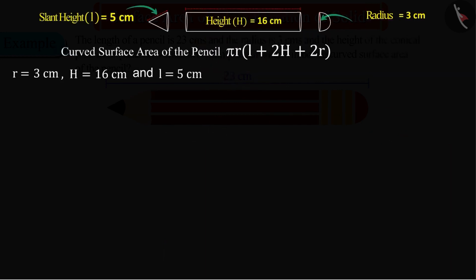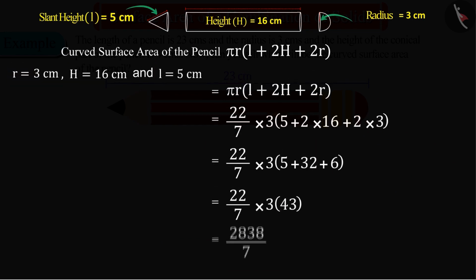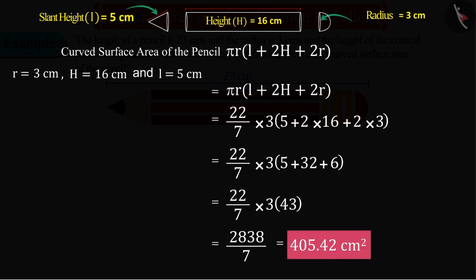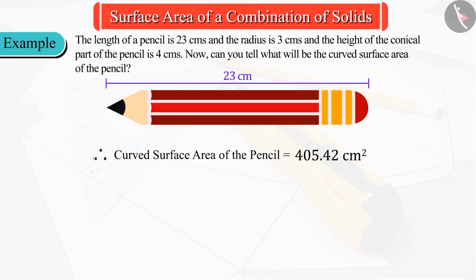By substituting the value of the radius r, the height h, and the slant height l in this formula, and upon solving, the curved surface area of the figure is obtained as 405.42 square centimeters. So we can say that the curved surface area of the pencil is 405.42 square centimeters.